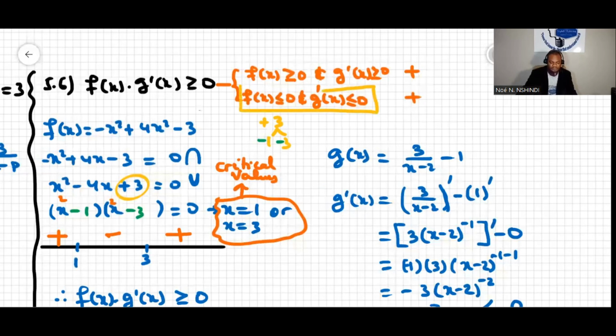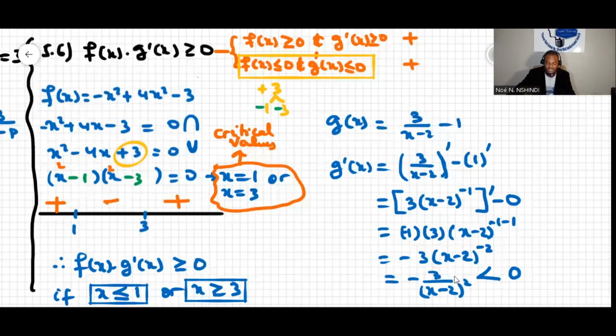Here we have negative times negative, which of course makes positive, so greater than. If I look at the place where f of x was positive, like between 1 and 3, g prime of x will always be negative, as we proved here. So this wouldn't be the correct option.